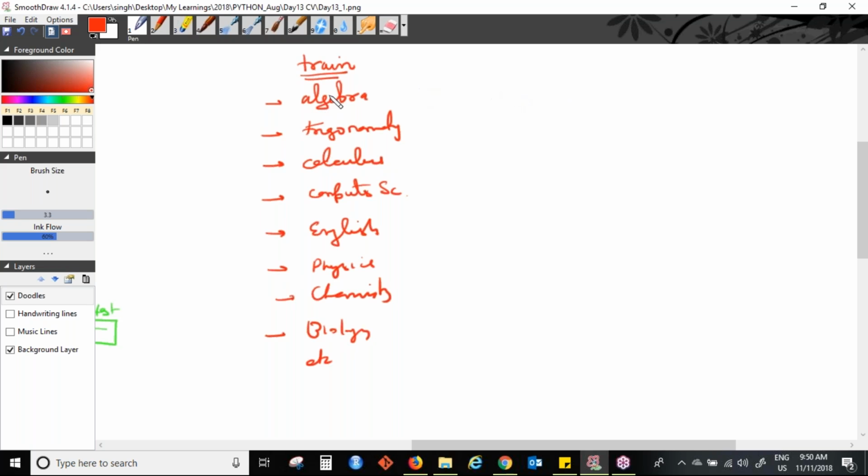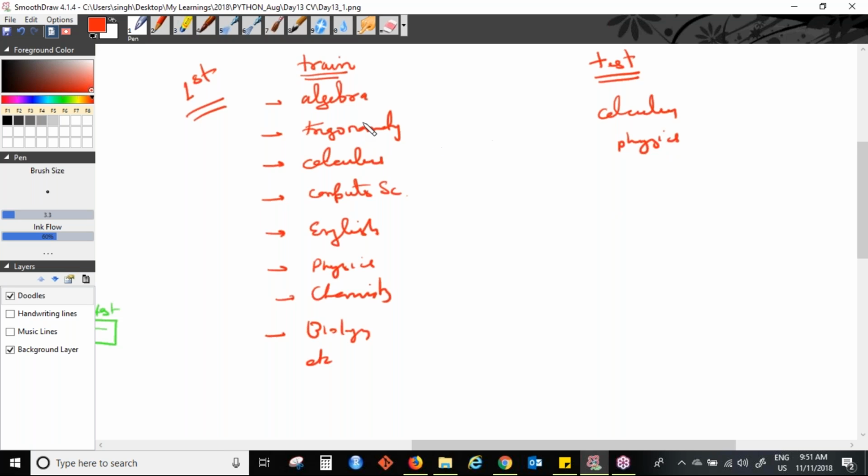Let's take our first approach, the one that we have been taking so far, where we divide our data into just training and test. And let's say I have my test data, which will not have all the topics, it will have only a few. So let's say I have calculus and physics. I have only these two topics.